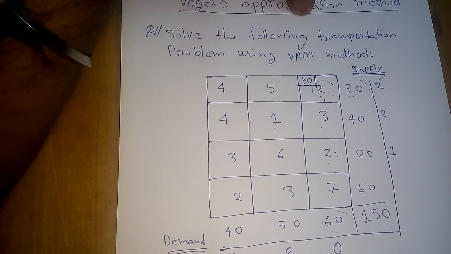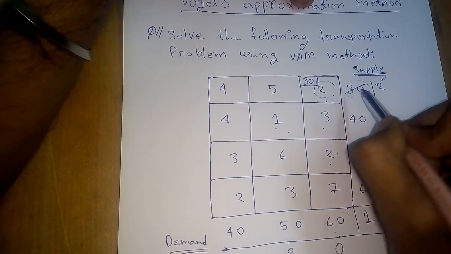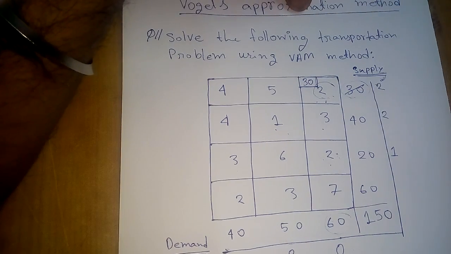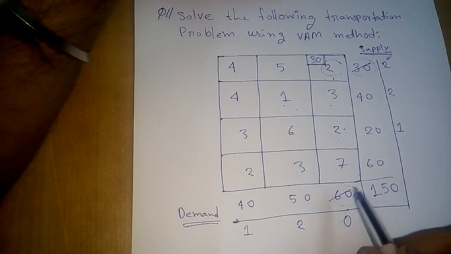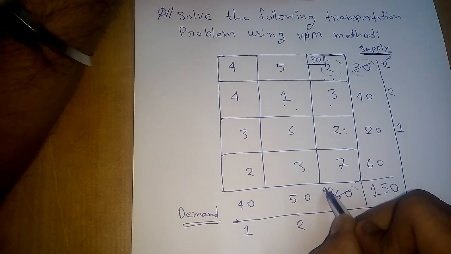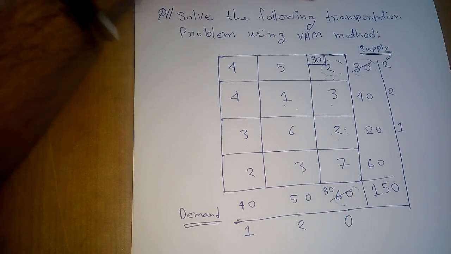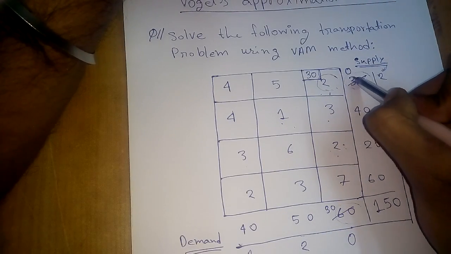So as we got 30, this 30 will be cancelled and from this 60 we will subtract 30 and the value will remain 30. So this value is 0 now.